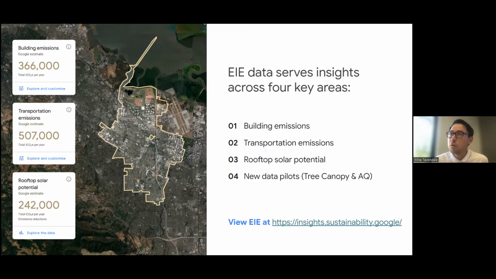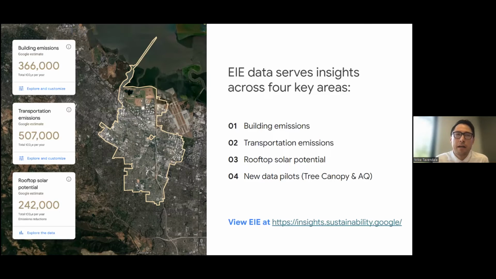What's also cool with EIE is that you're able to sign up and review the data for your community and see what's available for adjacent or neighboring communities, but you're also able to make adjustments.